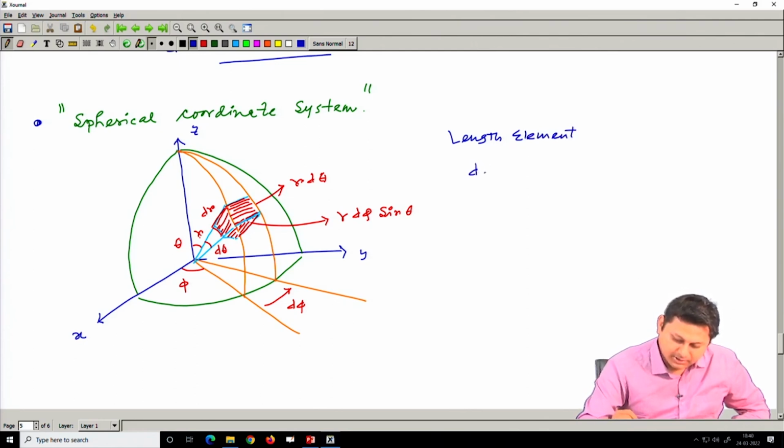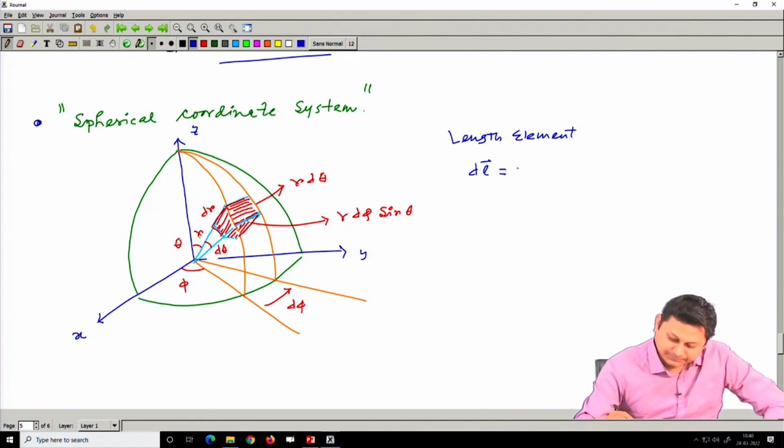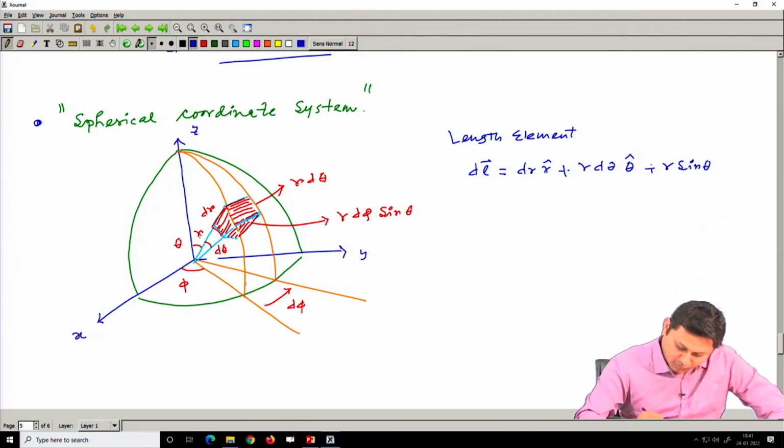The length element dl will be simply, because these three components are known, dr along the r unit vector plus r d theta along the theta unit vector, and plus r sin theta, this is the projection of r over this, so this is the length I am talking about.